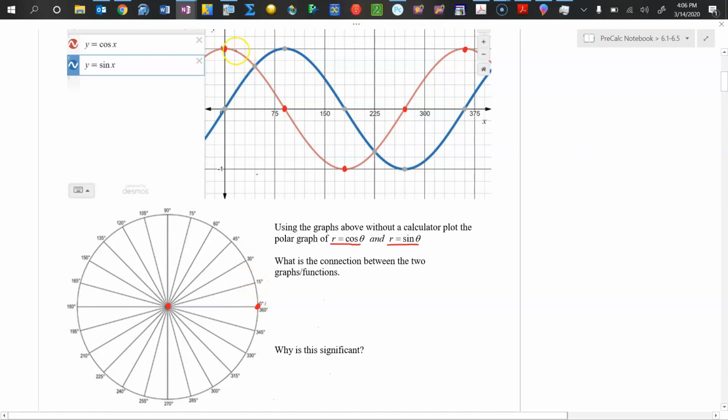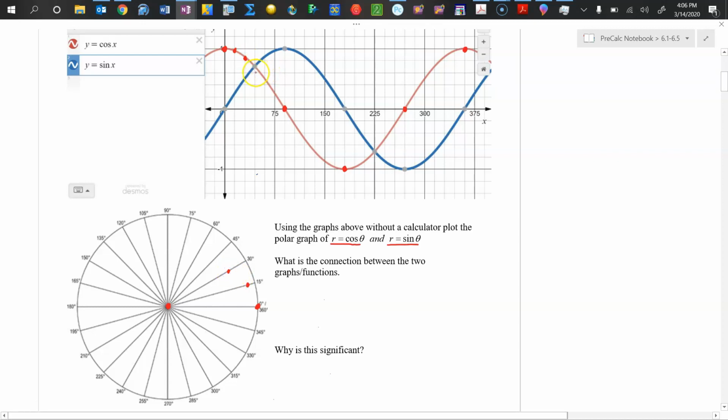If we graph a point that is 15 degrees from 0, we see that the y value, which now corresponds to the r value, is a little bit less than 1. And at 30 degrees, that's even a little bit less than 1.